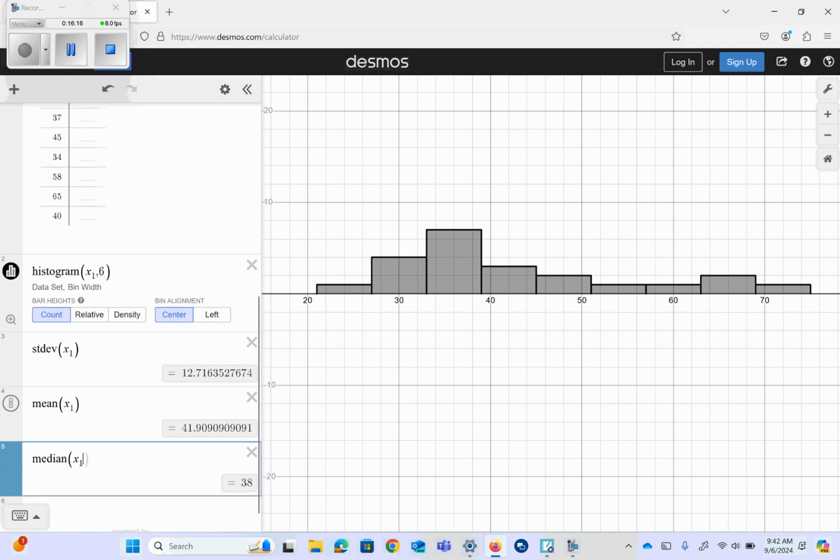All right, so the data I have up there: standard deviation is 12.7. The mean is 41.9. The median is 38. Is 41 a larger number than 38? I think so. That's where the skewness is going to pull it to the right.